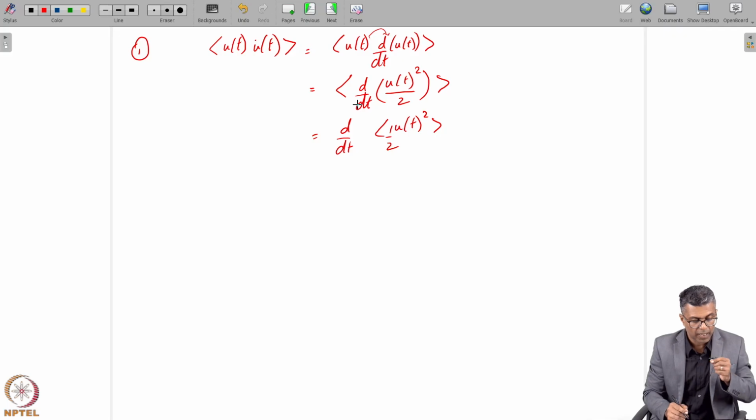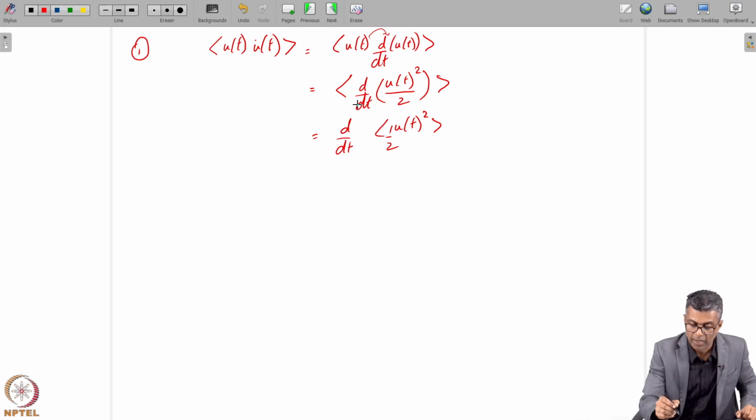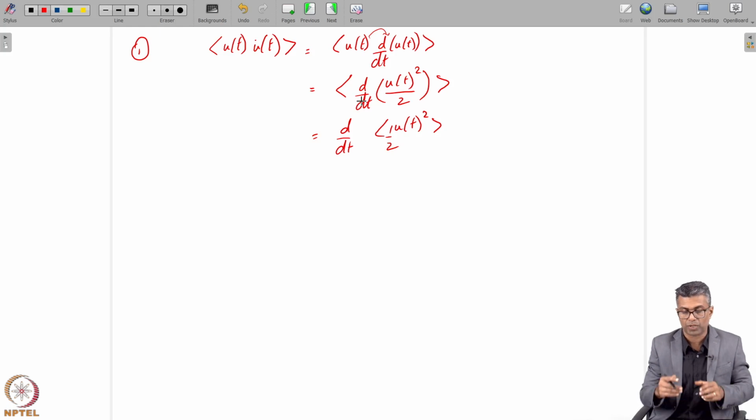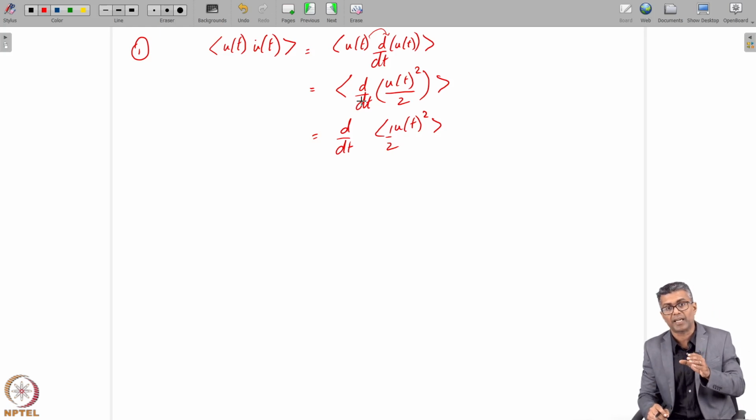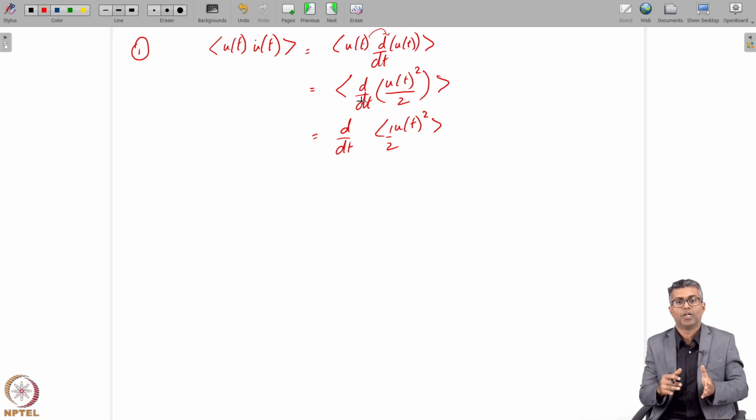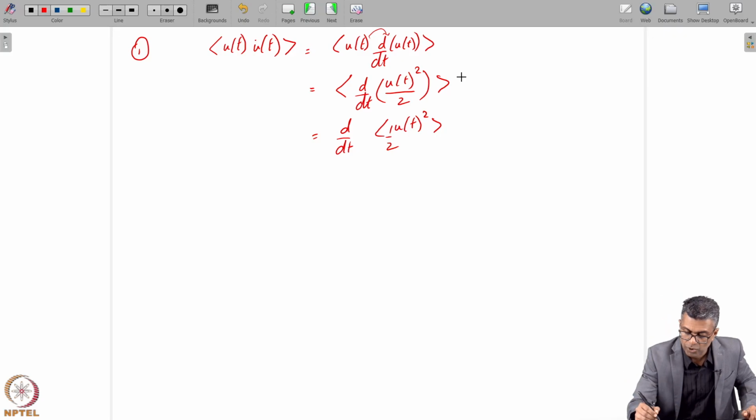So the mean and the differentiation are commuting. You are taking the derivative of the mean instead of taking the mean of the derivative. From this process to this process, what happened was a commuting.